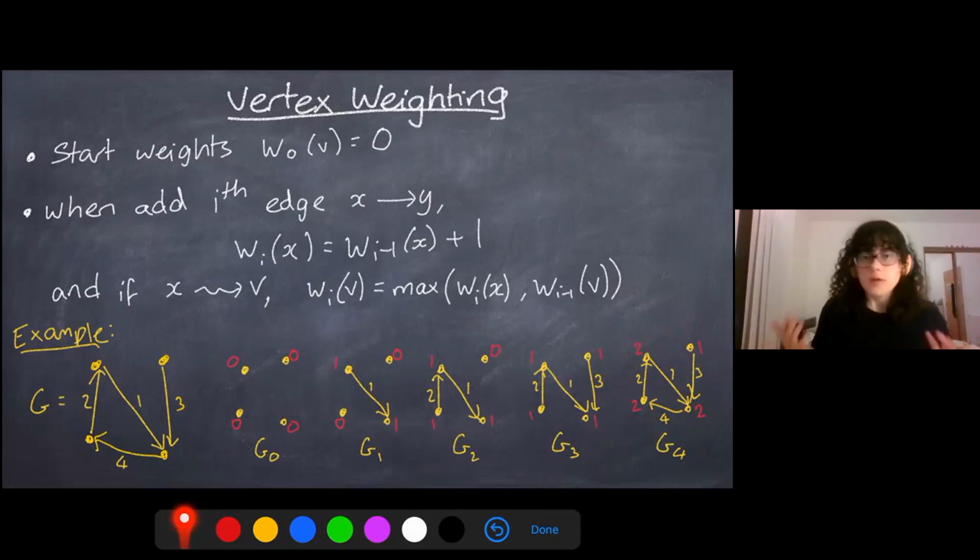So it seems like a very simple weighting. I want to stress at this point that the weighting is actually the clever idea. Once you have the correct definition of a weighting, the correct way of capturing how difficult each vertex is to put into your semi-random graph, the rest of the proof is fairly straightforward.